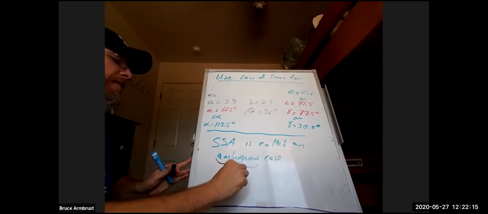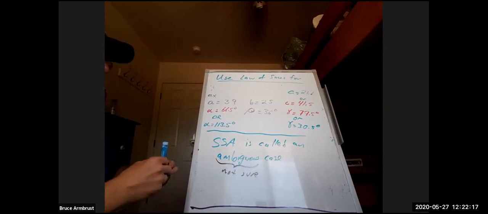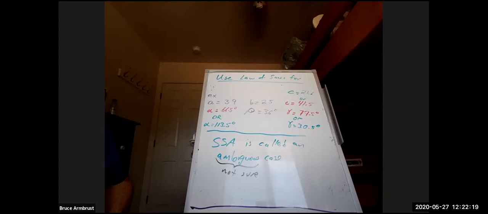So the example I just showed you showed two different solutions. We're going to see that side-side-angle sometimes gives us 1, sometimes gives us none. It really just kind of depends.